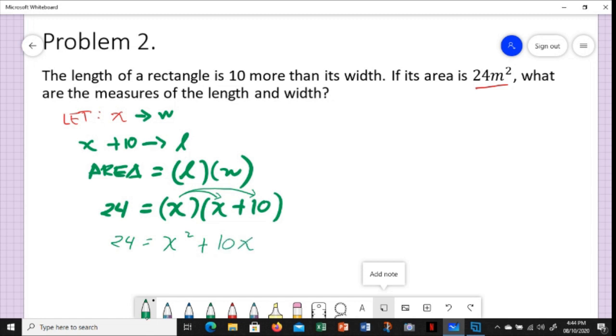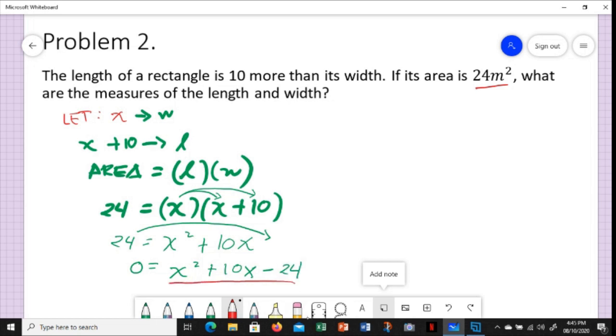Okay, next, we're going to transpose 24 on the other side and apply its additive inverse. So this will be 0 equals x squared plus 10x minus 24.